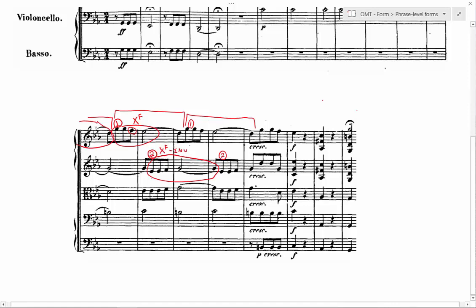So we would call that inversion. So whereas XF goes down, XF inverted goes up. So that's all we mean by inversion, is that the direction has been changed. So Beethoven's going to do that same thing again. So we get XF again, and we get XF inverted again.